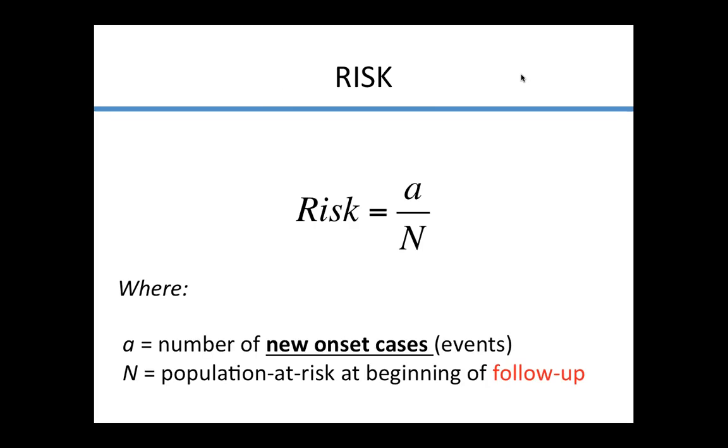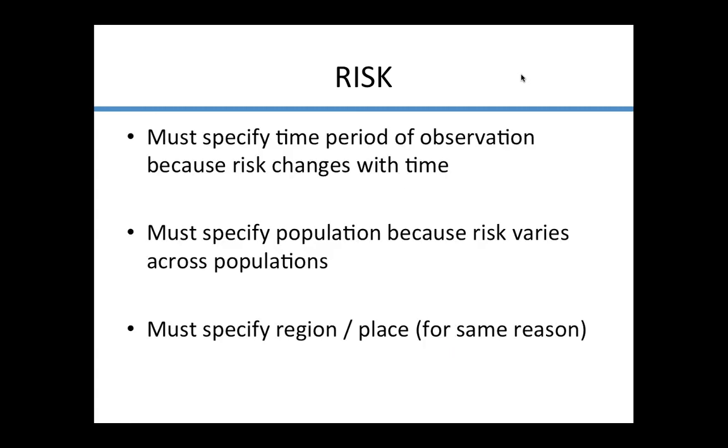So here, the basic formula is risk is the number of new onset cases or events over the population at risk at the beginning of follow-up. So follow-up is when you observe a group of people over time to see what events occur in those people. So you must specify the time period of observation because risk changes with time.